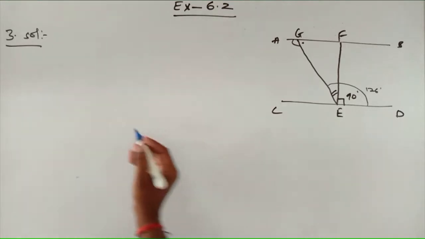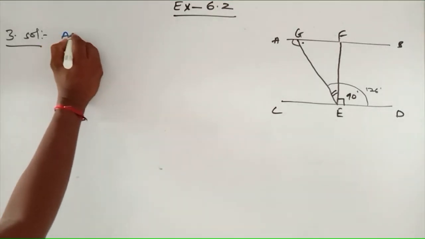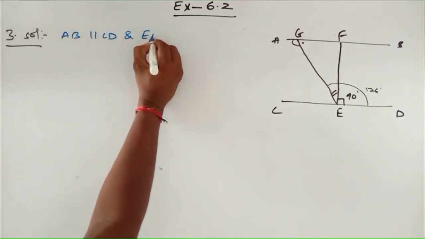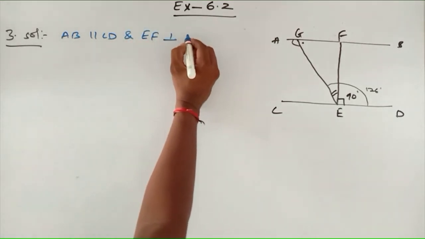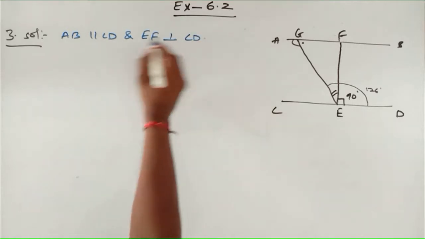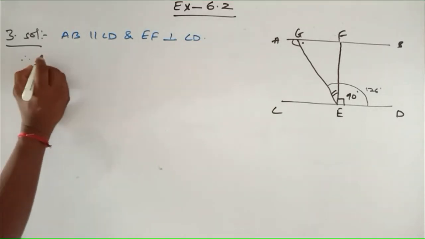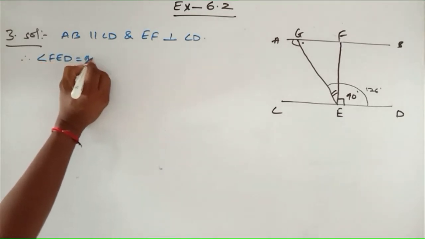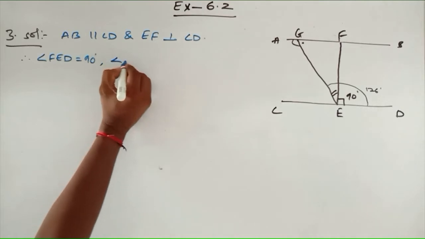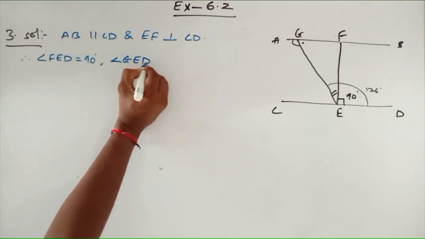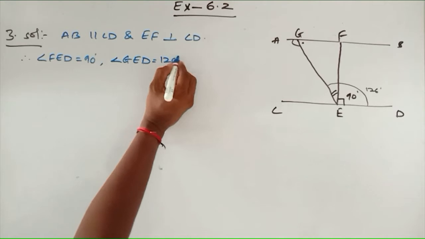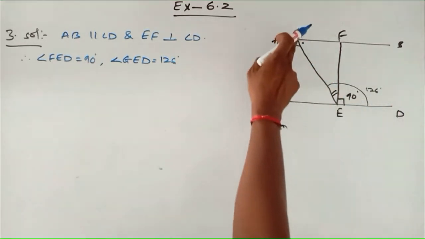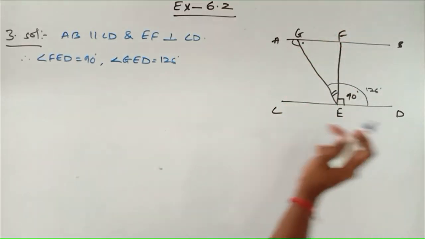Here clearly AB is parallel to CD and EF is perpendicular to CD. If EF is perpendicular to CD, then angle FED is equal to 90 degrees, and angle GED is equal to 126. Angle GED is the combination of angle GEF and angle FED.